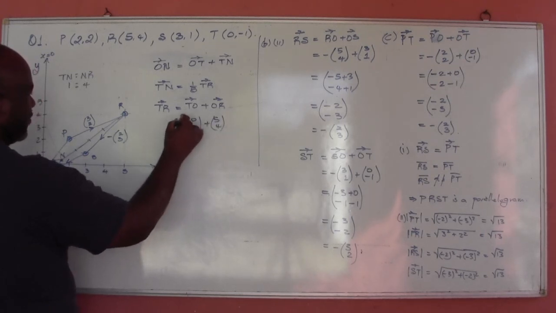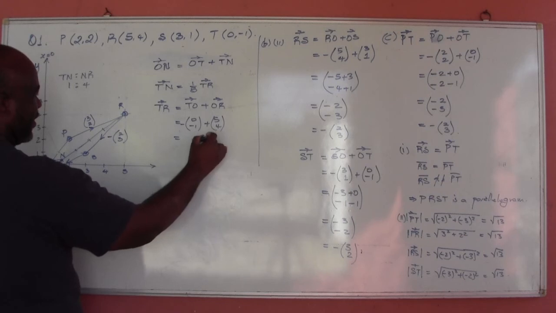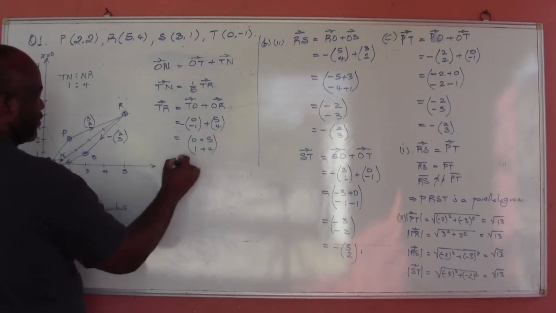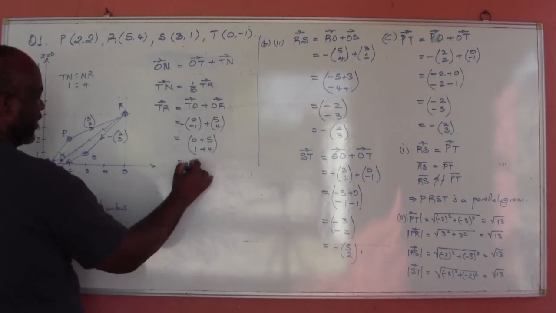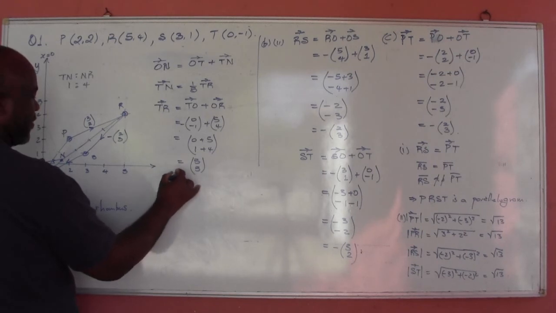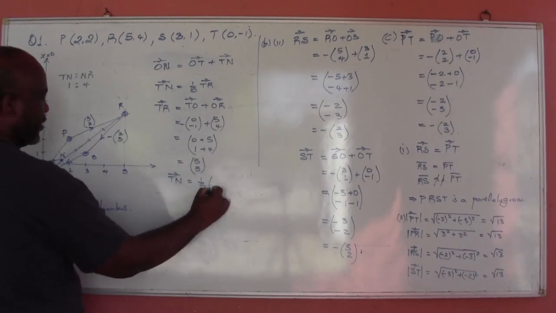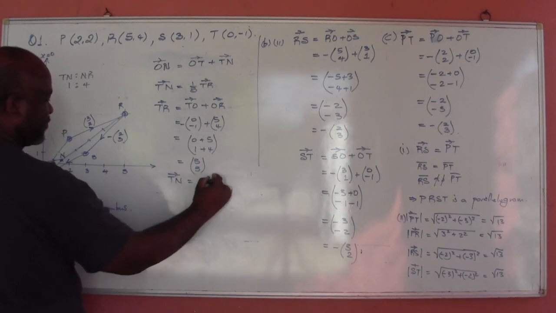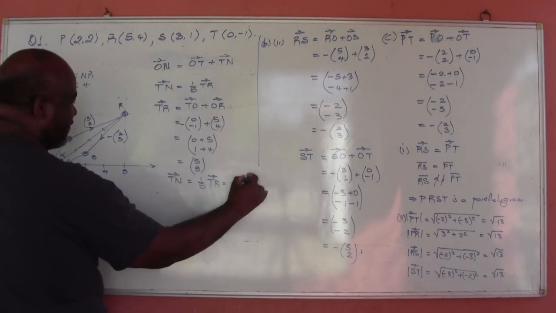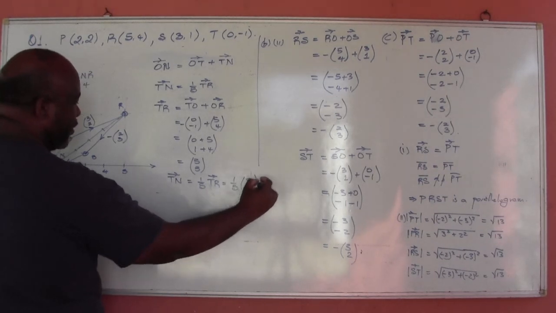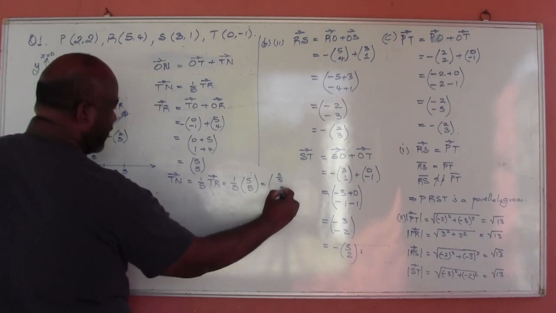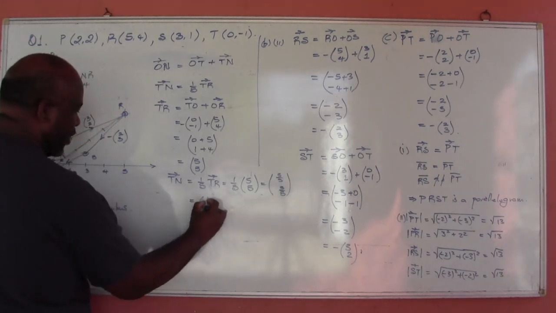So this becomes 0 plus 5 and 1 plus 4, which is (5, 5). That's TR. TN is 1/5 of TR, which is 1 over 5 times (5, 5), which is (5/5, 5/5). So this is (1, 1).